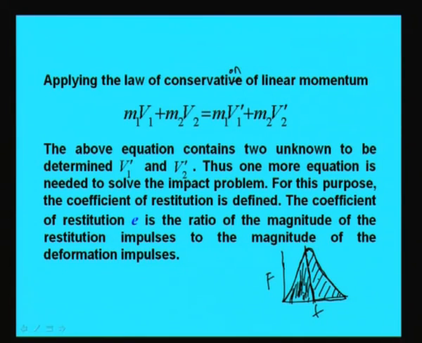If you do not allow the bodies to restore, that means the force only rises, reaches the maximum contact area, but then the bodies are not separating. In that case, with F on one axis and t on the other, the force has increased but it is not coming down after that, so the restitution impulse is 0, and therefore E will be 0.